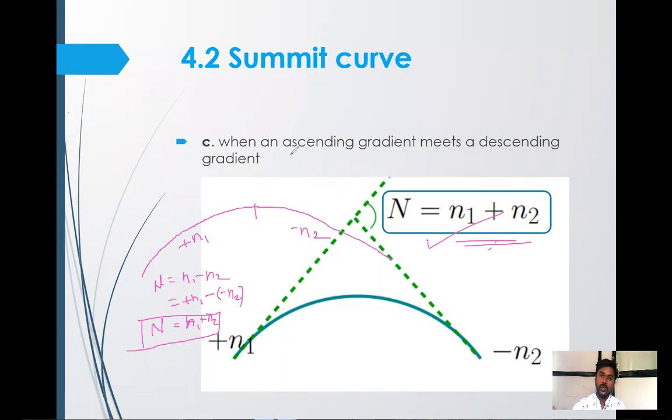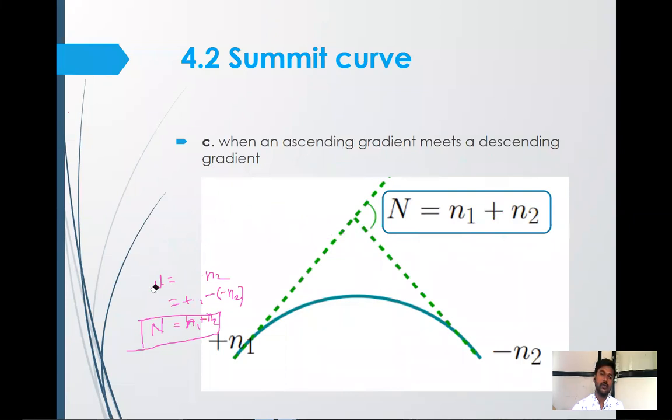The case when the ascending gradient meets another descending gradient, means the first one is positive and the second one is negative. This condition will give the maximum angle of deviation.